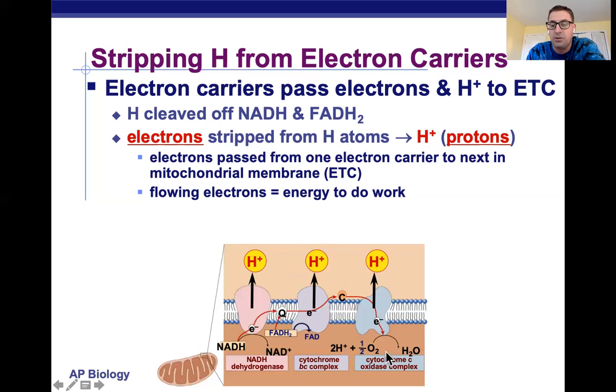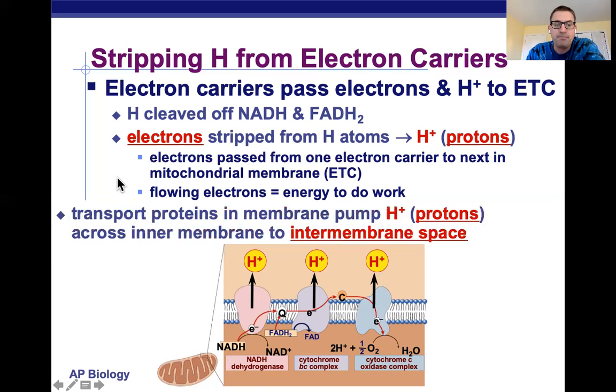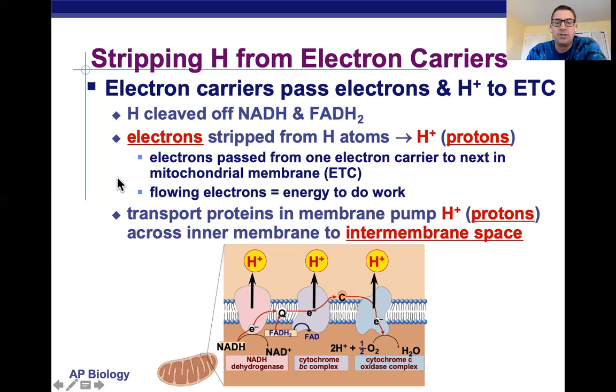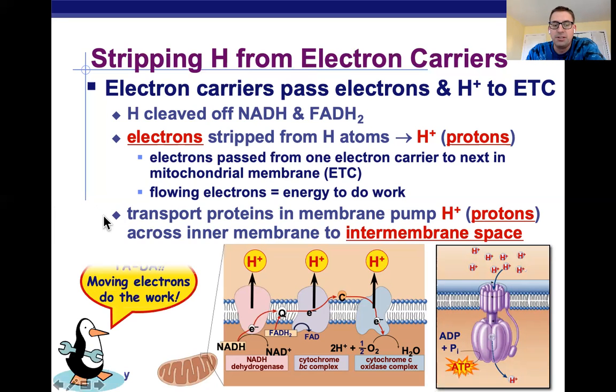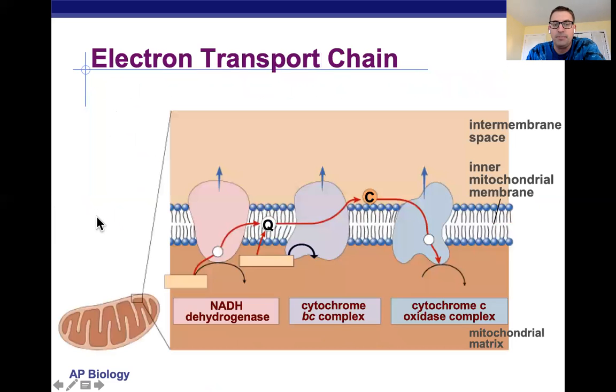So we've got an electrical gradient, and then we have a concentration gradient of protons, in higher concentration in the intermembrane space than in the mitochondrial matrix. The transport proteins in the membrane that are passing these electrons along are pumping those protons into the intermembrane space, and that creates a gradient that is going to be harnessed to help make ATP.